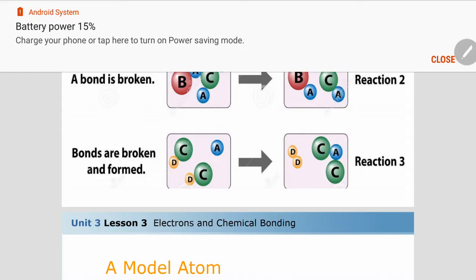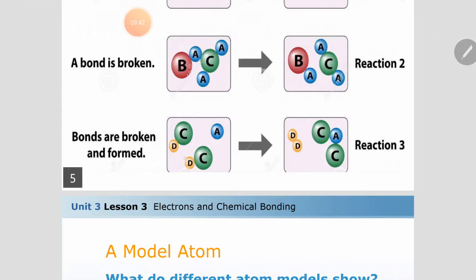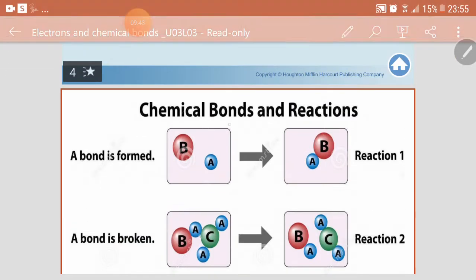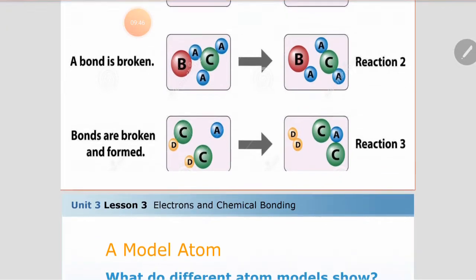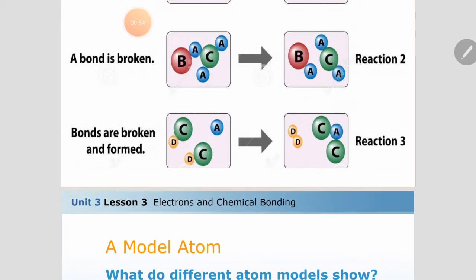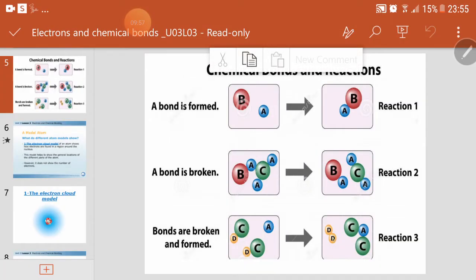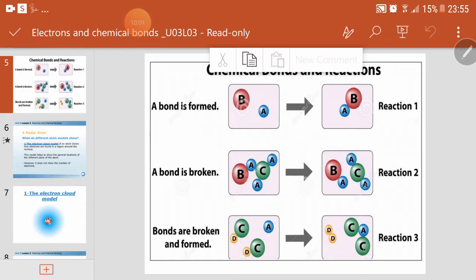Rearrangement. We have here C with D, C with D, and A is separated. Then C and D are separated. So these chemical bonds here are broken. Then new chemical bonds between D and D are formed, and between C and A are formed.